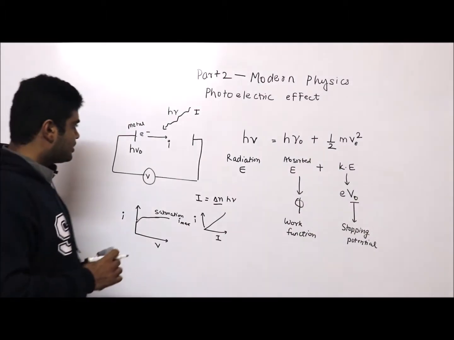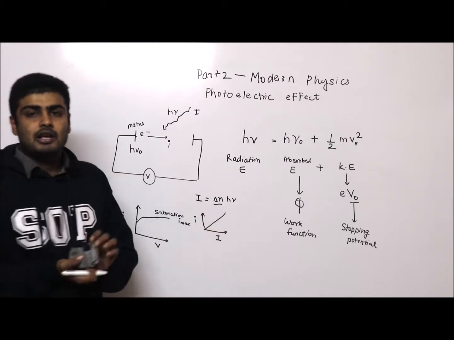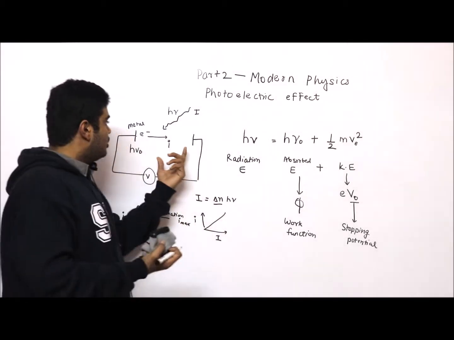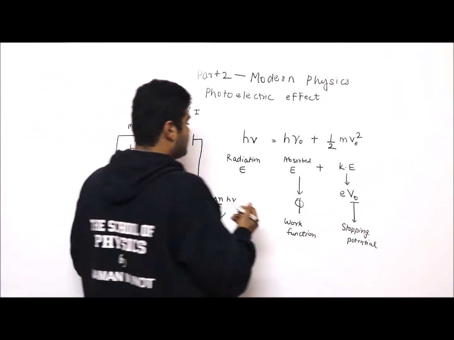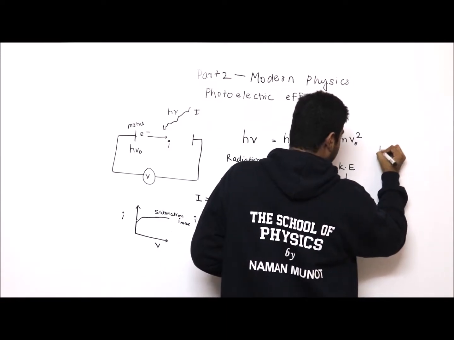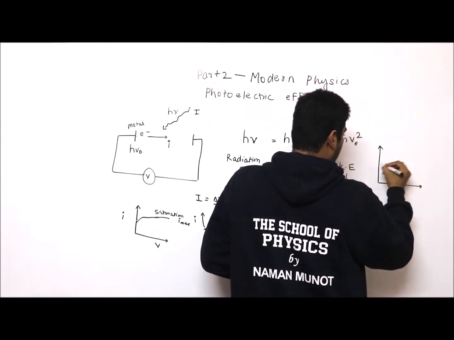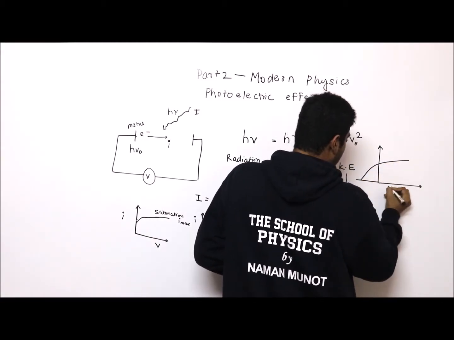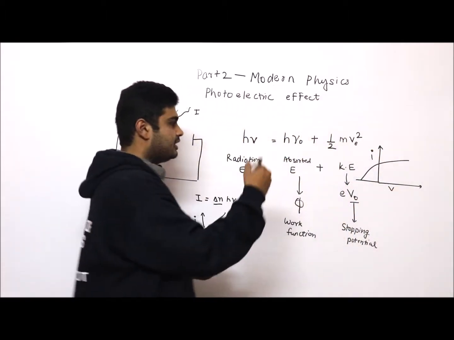Now suppose after I reaches I max, we reverse the potential to bring I to zero, and this is the current. So I am reversing the potential.